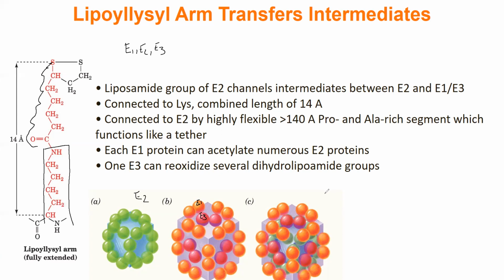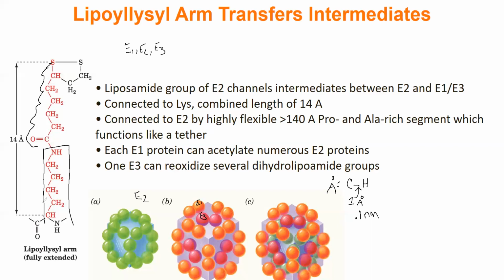Just in case you don't remember, an angstrom is the distance of 1 carbon-hydrogen covalent bond, or 0.1 nanometers. So it's 14 angstroms long, and it's very flexible. Other than this C double bond O, everything here is a single bond, carbon, carbon, carbon, carbon, carbon, carbon, so this is highly flexible, like a giant tether.